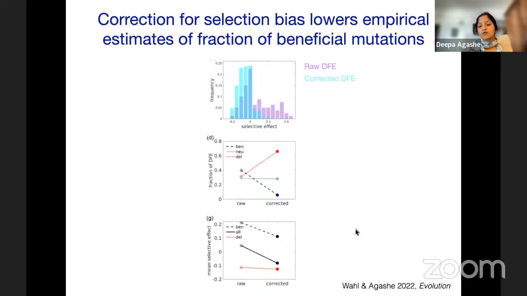Okay, so the upshot of all of this is that we've thought of mutation accumulation studies as a great way to weaken and minimize selection, but there can still be substantial selection that's acting. I should also say that it doesn't mean that MA lines are useless and do not reduce selection. They do.